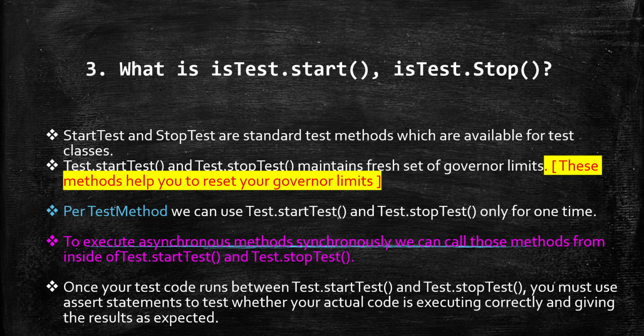And the third point is that per test method we can use Test.startTest and Test.stopTest only one time. Like in a class you have three methods: method 1, method 2, method 3. In method 1 you can use Test.startTest at the beginning and Test.stopTest at the end of method 1, only once per test method.